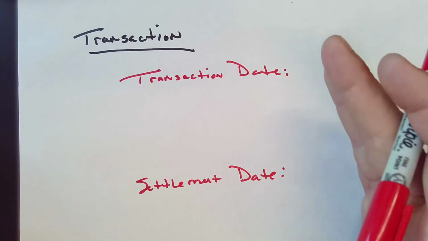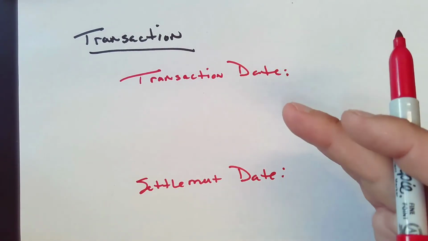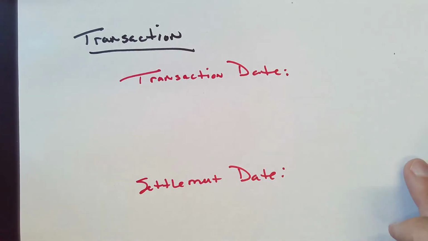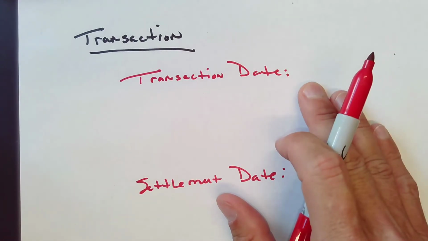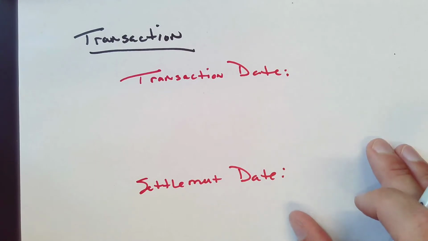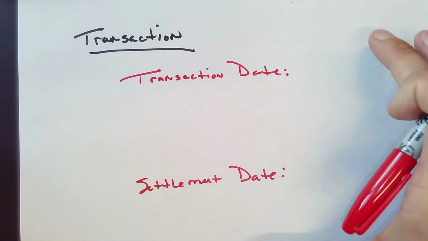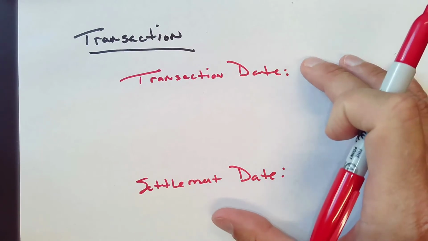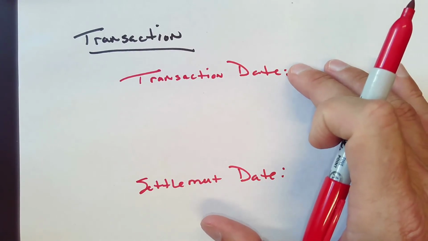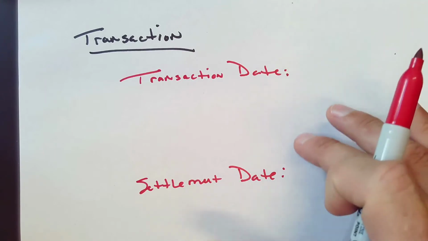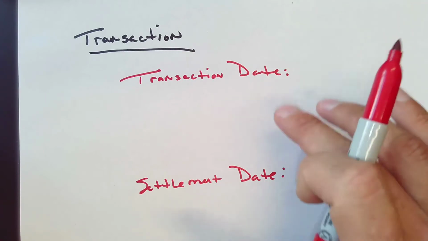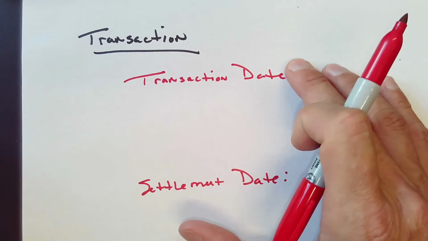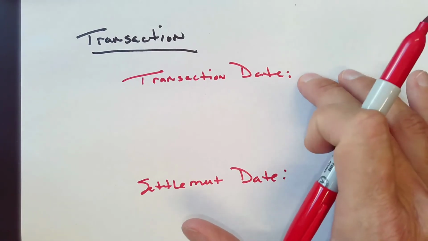But settlement date and transaction date may not be the same. If I do a sale and I collect the cash on that day, then the settlement date and the transaction date are the same. And if I am settling in the foreign currency, then as we move forward, there is no foreign currency risk because I'm settling it in that foreign currency. Unless, of course, I keep it in the foreign currency sitting in a bank.